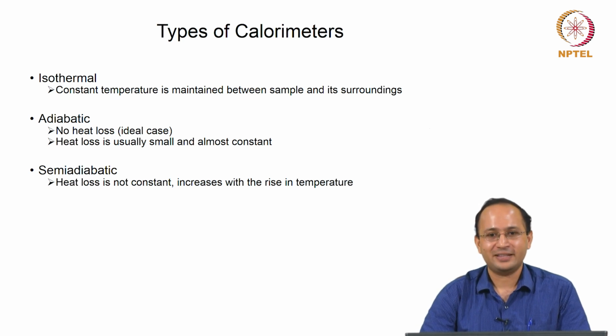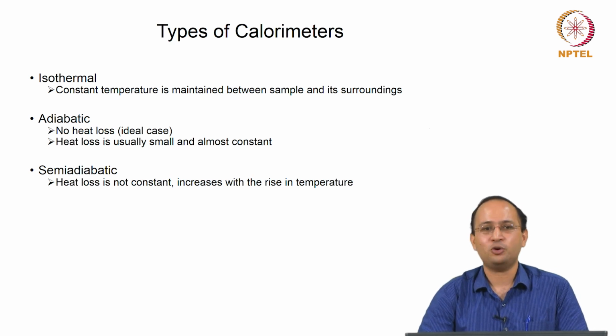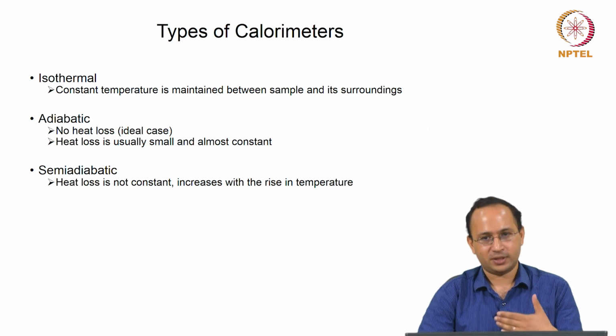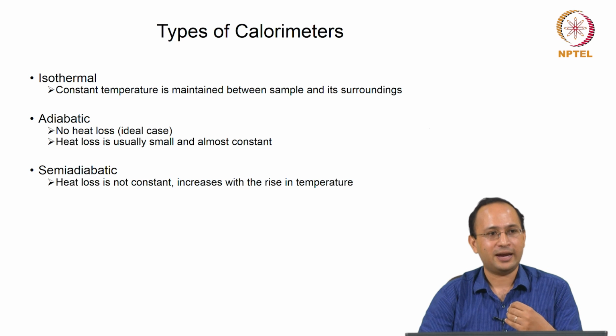Isothermal, as you can guess, isothermal calorimeter is used when you are interested in measuring heat at constant temperature, right. So in isothermal, constant temperature is maintained between the sample and surrounding. How do you do it? Suppose cement hydration is going on, and you know that the cement hydration will release some heat.